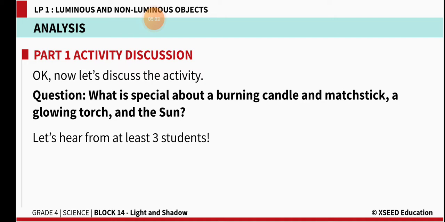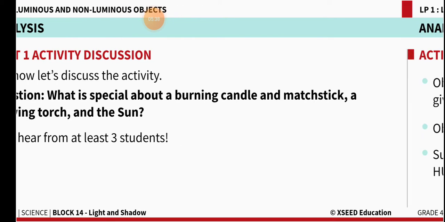So now we will discuss the activity. What is special about a burning candle and matchstick, a glowing torch and the sun? A glowing torch compulsorily needs a battery for giving us light, but the sun is a natural star, it gives us light by its own, whereas the candle needs a matchstick to light it.